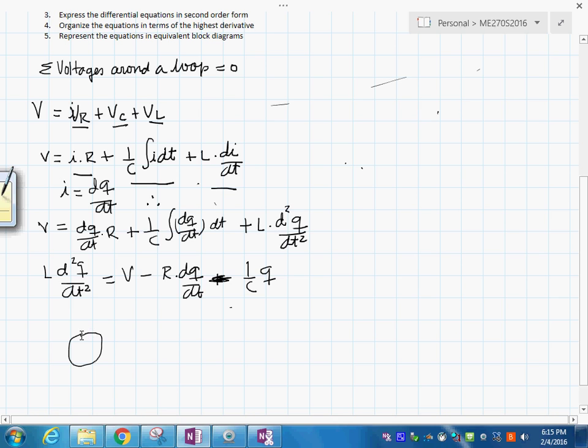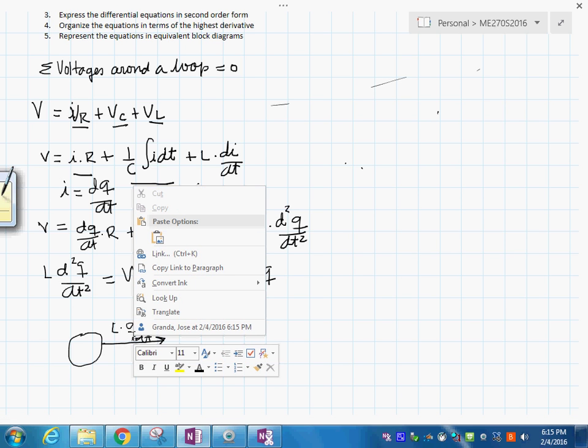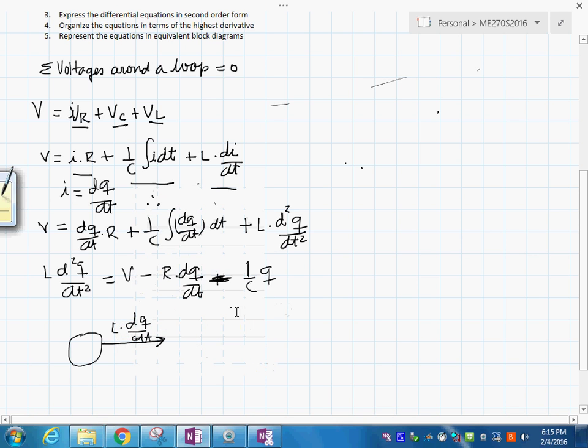What we are saying is that in the summation, the output of that sum is L times d squared q dt squared. Here you have this v, so we have checked this term.